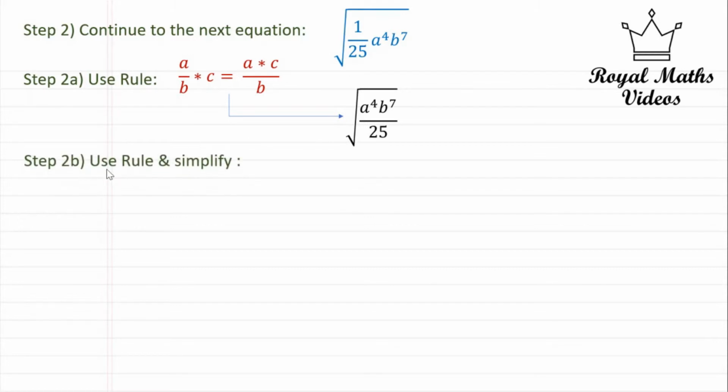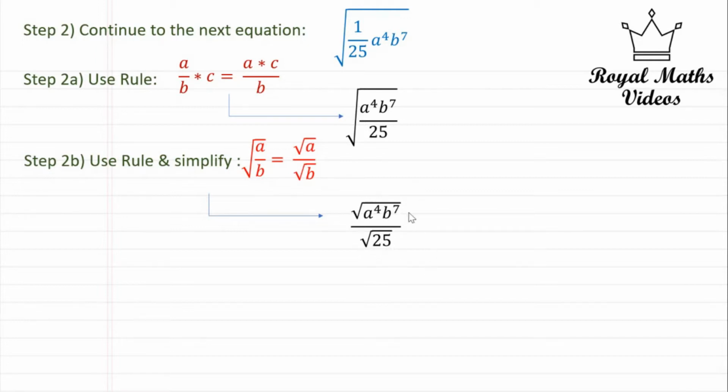And then step 2b would be to use the rule and simplify. The square root of a over b is equal to the square root of a over the square root of b. So we've basically split the square root into 2. So this becomes the square root of a to the power of 4 times b to the power of 7 over the square root of 25.